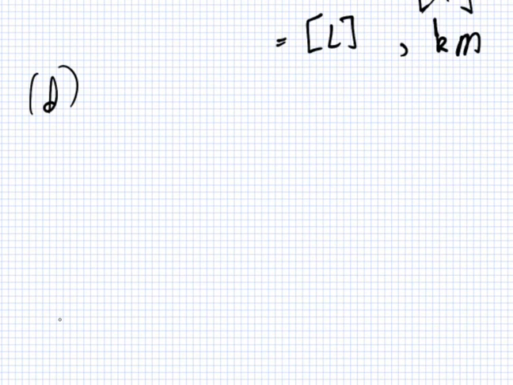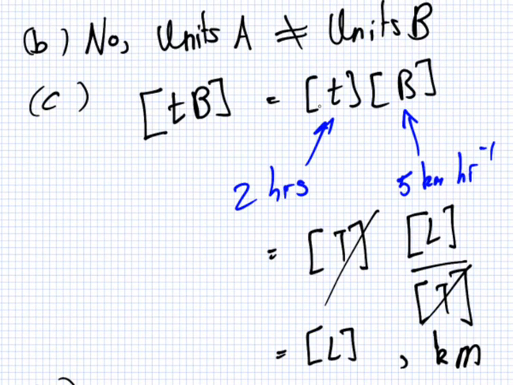So B now, what do you think? Can these vectors be added? Yes, because they are both vectors. And the right answer is no. But why am I saying no? Because they are different units.